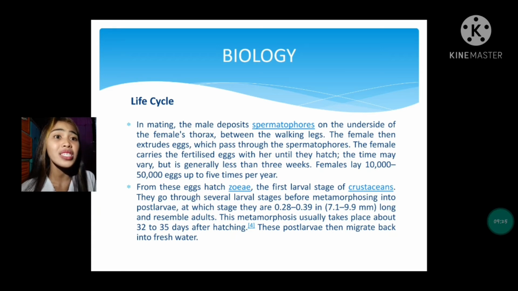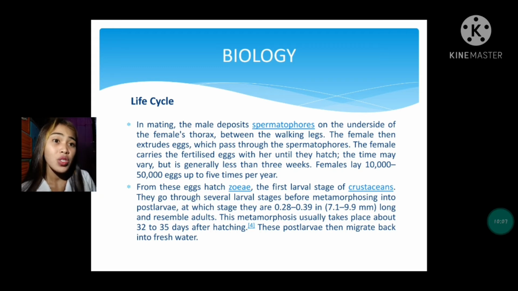In mating, the male deposits spermatophores on the underside of the female thorax, between the walking legs of the giant freshwater prawn, to create eggs. The female lays 10,000 to 15,000 eggs up to 5 times per year. Imagine, per year. From these eggs comes the zoea, the first larval stage of crustaceans.